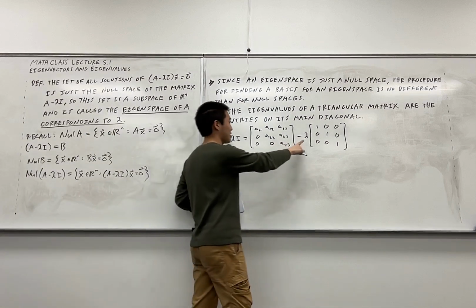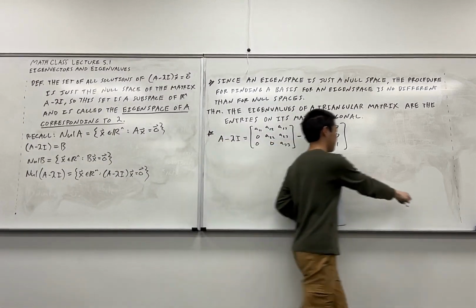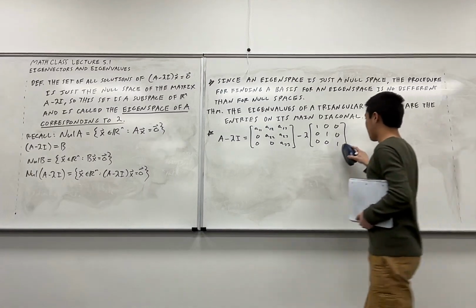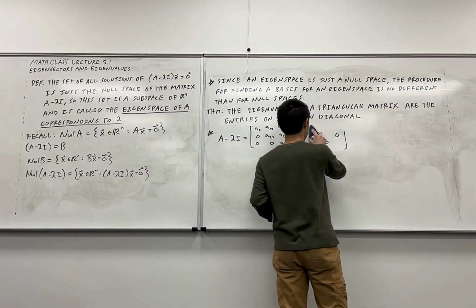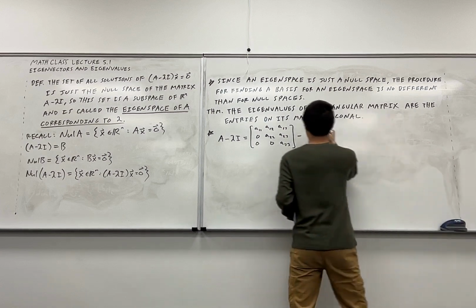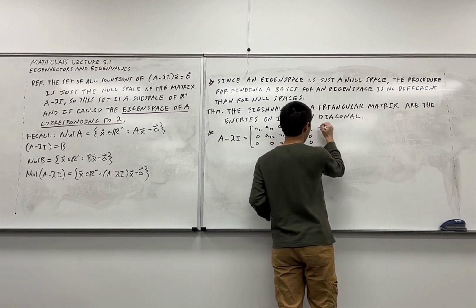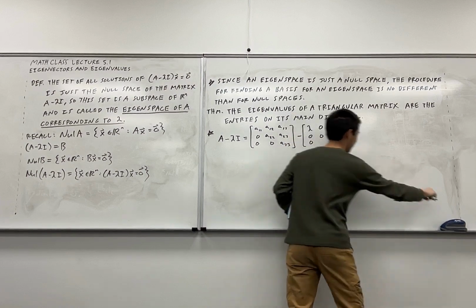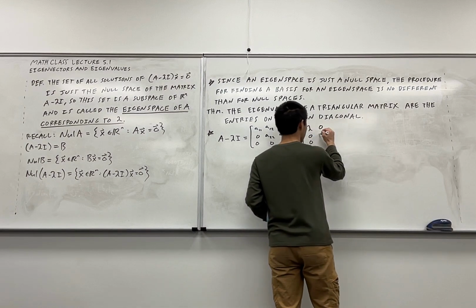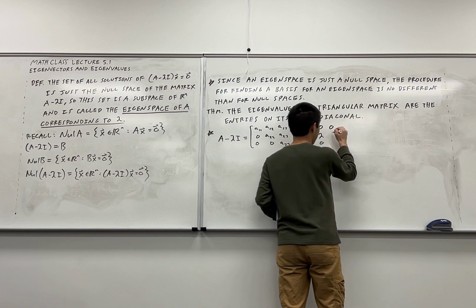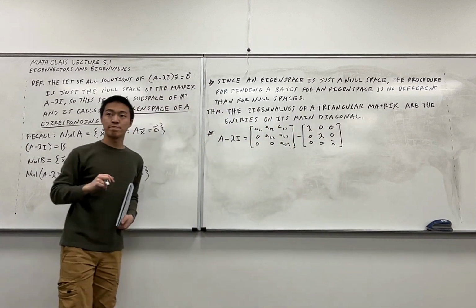Well, I know that this is always going to look like, replace all of my ones with the lambda. So lambda times I is really just the matrix lambda 0, 0. 0, lambda, 0. And 0, 0, lambda.